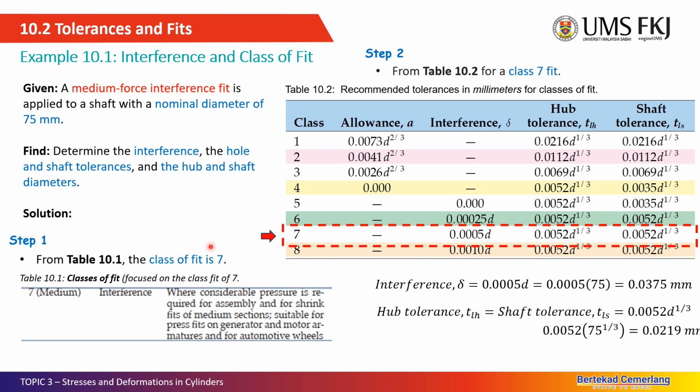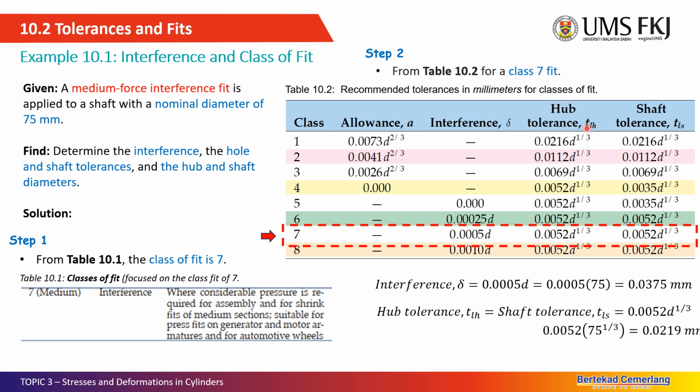When we know it is class 7, we proceed to step 2, where we use table 10.2. Focus on class 7. If you want to determine allowance, there is no formula for this class. For the interference, we use the formula 0.0005D, where D is the nominal diameter.